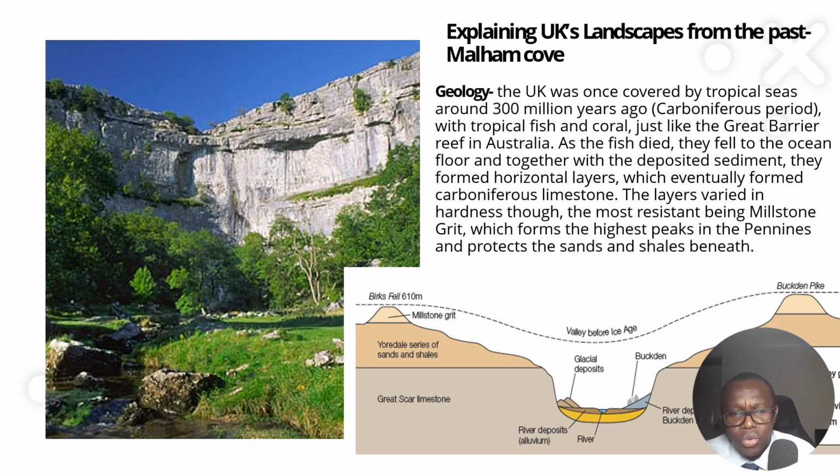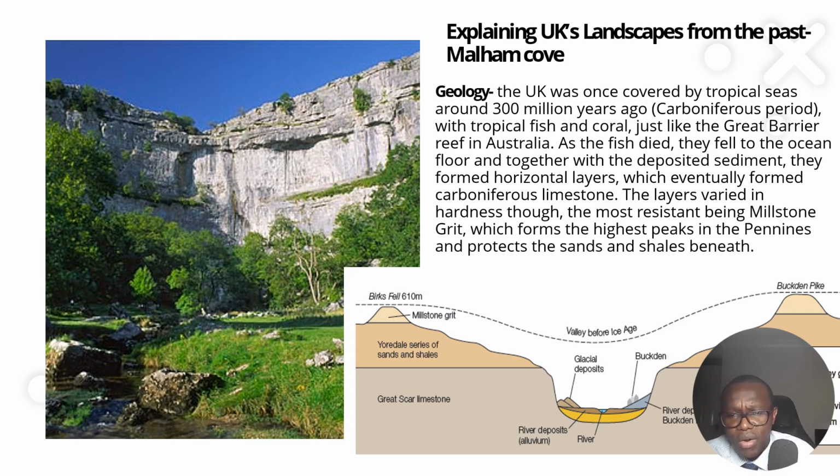So it was almost like the Great Barrier Reef of Australia. And as the fish that lived in the seas died, they fell to the ocean floor, and together with the deposited sediment, they formed horizontal layers of sedimentary rock, which is referred to as Carboniferous limestone.